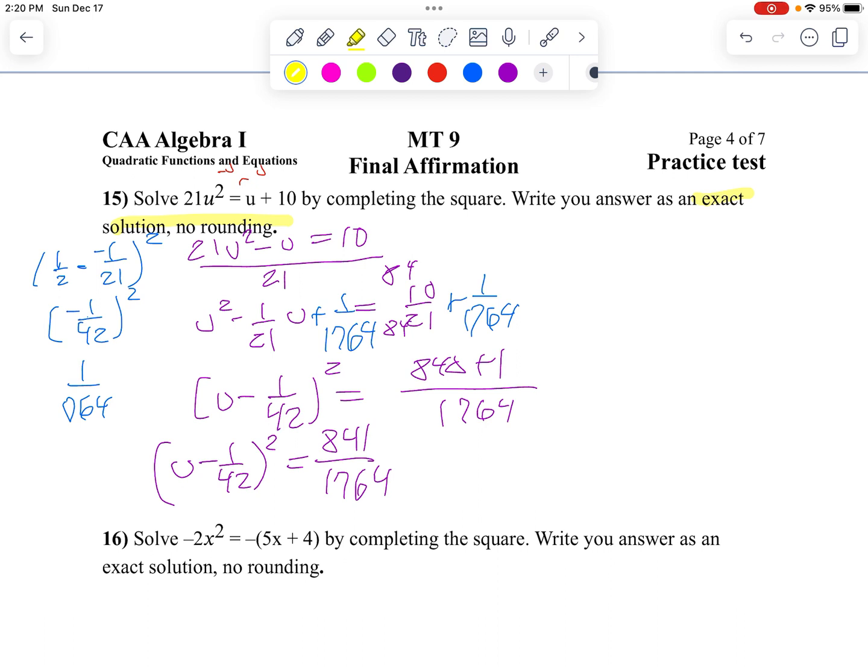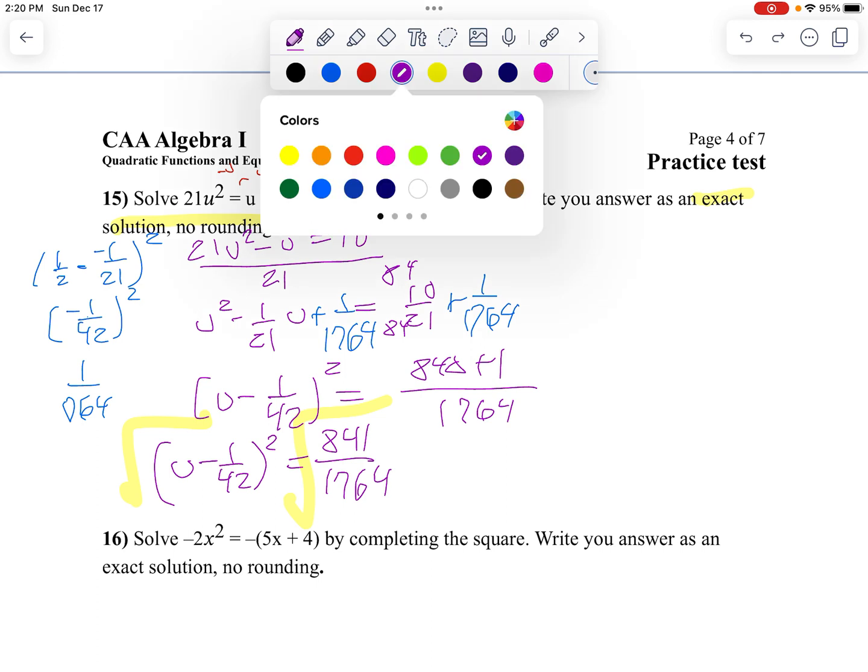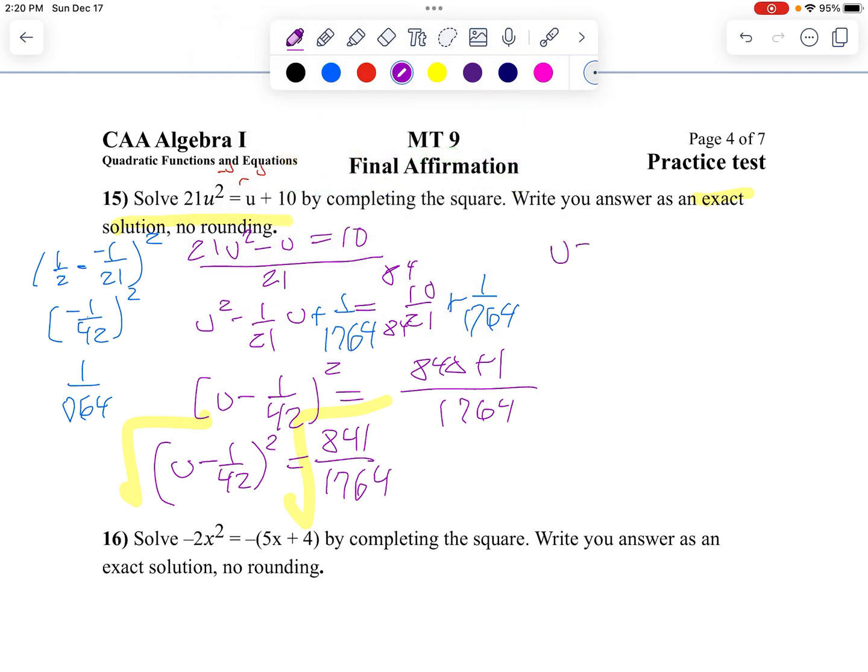So now I'm going to take the square root of both sides, and I'll write that over here in a different color so we can see it. So we get u minus 1 over 42 equals plus or minus, well, the square root of 841 is 29.